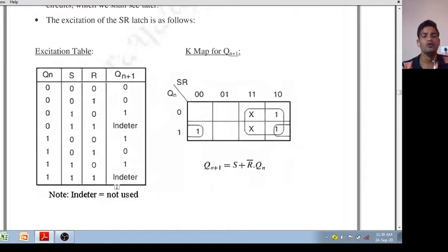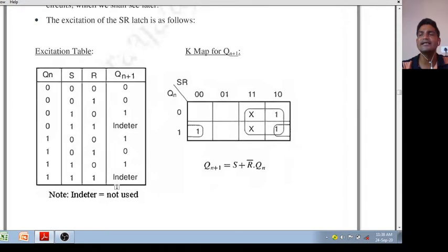So what is characteristics table? In characteristics table, with the help of flip-flop inputs and present state, we determine the value of next state. Means with the help of S, R and Qn, we will determine the value of Qn plus 1. This is called characteristics table. And what we do in excitation table?